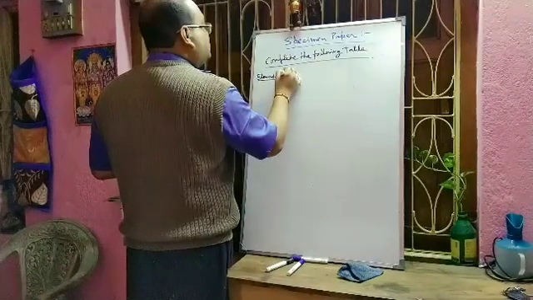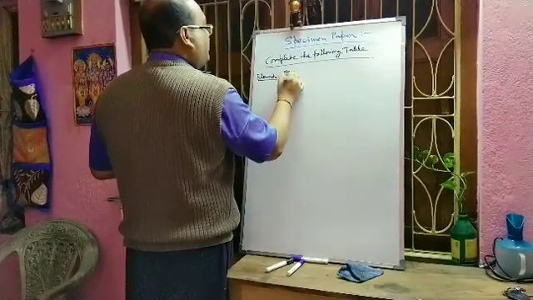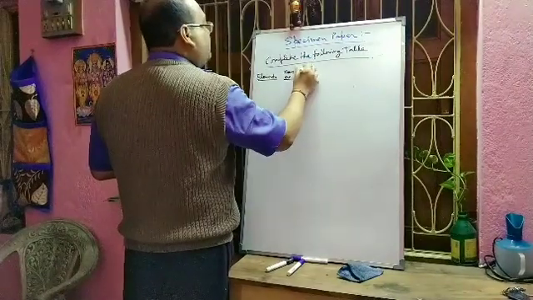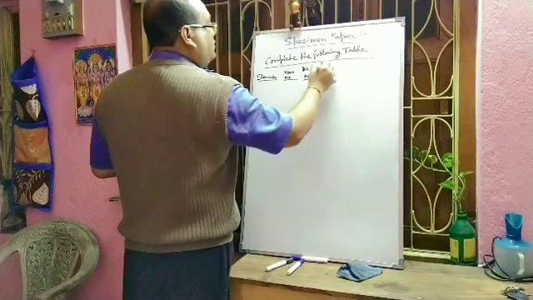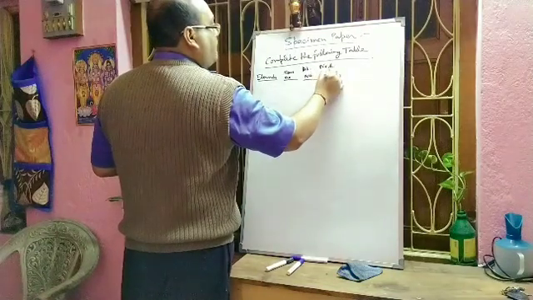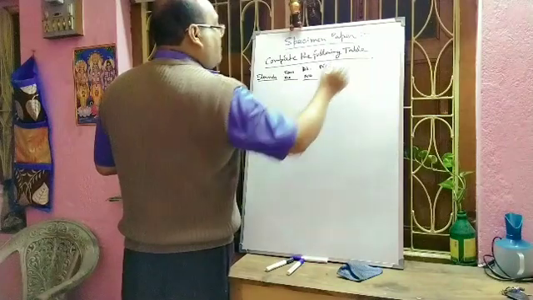Next one is given mass number. Next one is atomic number. Next one is number of electrons. Next one is number of protons.